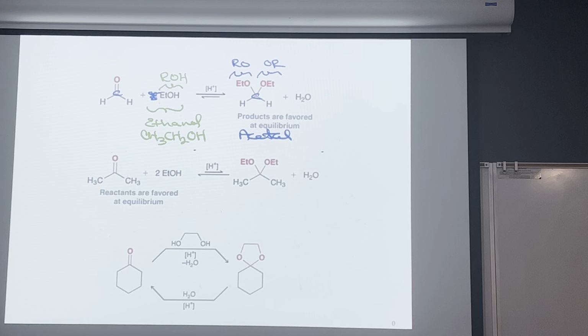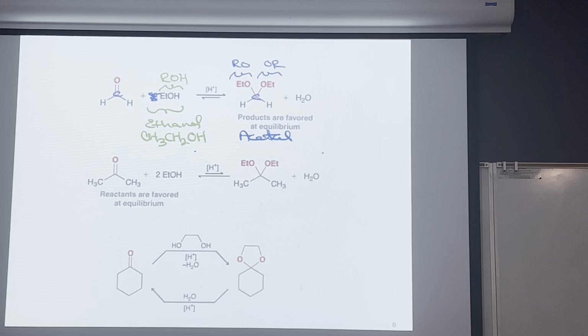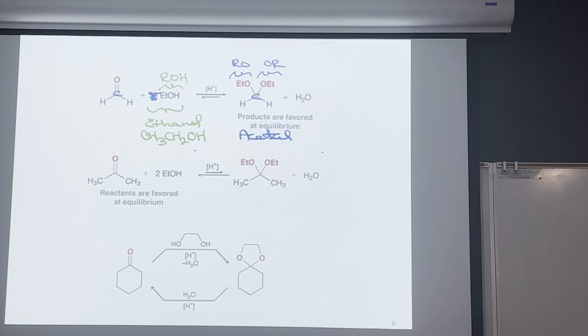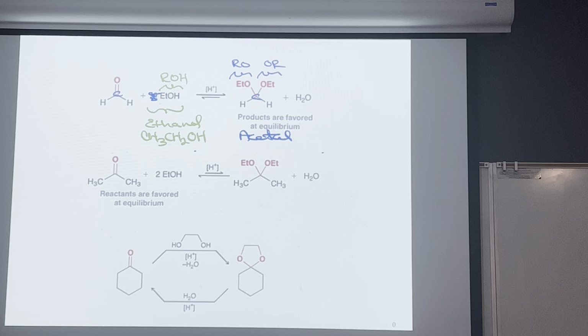You guys kind of sort of see that? So you form two rings, which is kind of crazy because one ring freaks us out, right? And then you got two, and you're like, oh, I can't do that. Yes, you can. Okay, so there are your carbons right there.